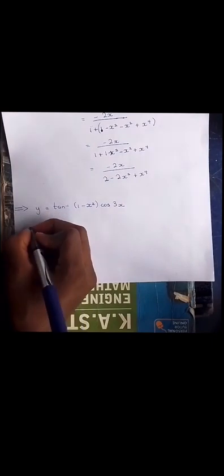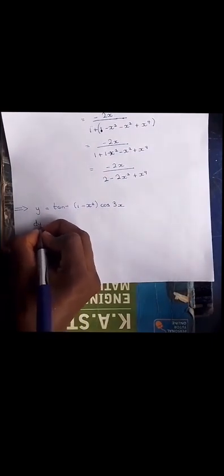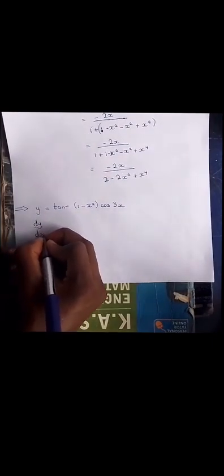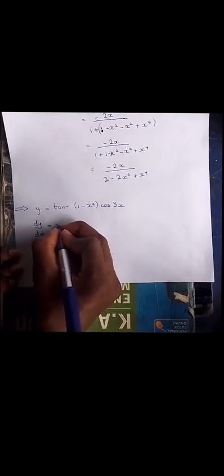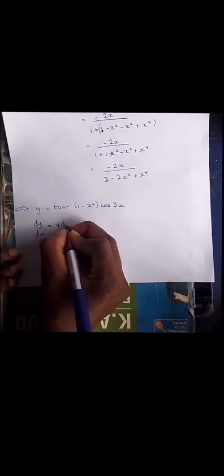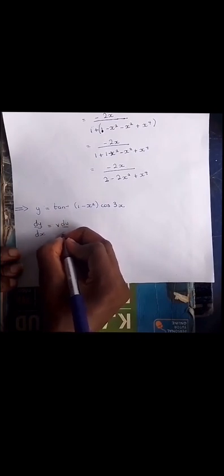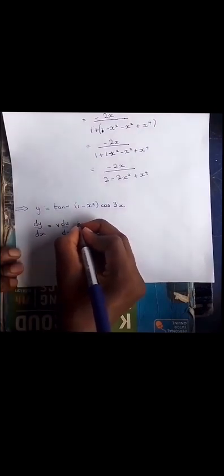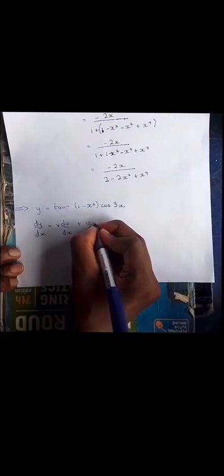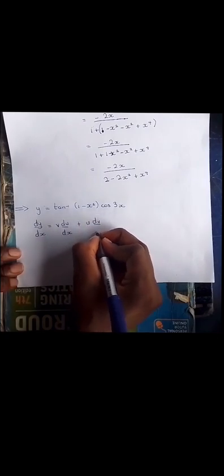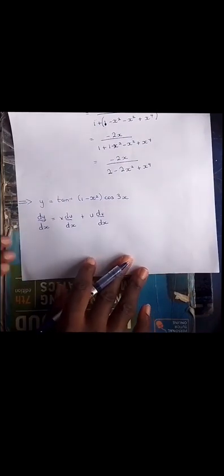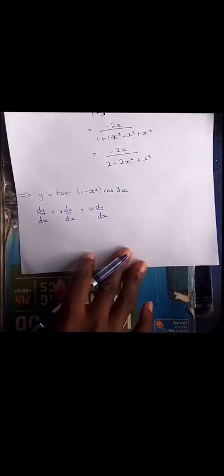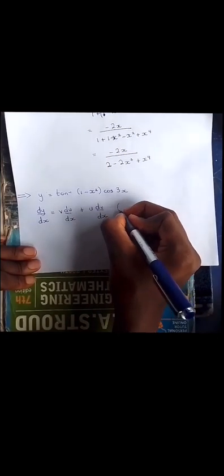Our product rule, dy dx, sorry about the background noise, is equal to v du dx plus u dv dx. This is the product rule. Call it the product rule.